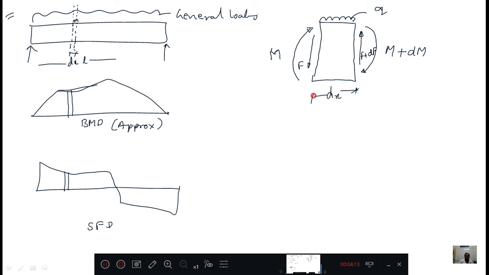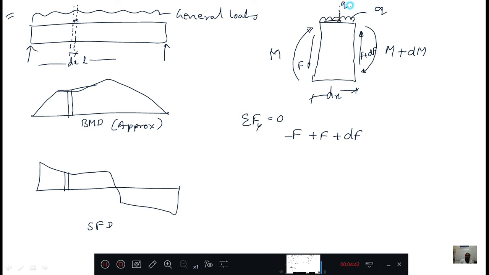Next we'll go, and here if I establish the equilibrium condition, considering summation of Fy equal to 0, meaning vertical forces: this F is coming down, therefore minus F, and this F plus dF is going up, therefore plus F plus dF. These two are going up, and this is coming down, but it is a UDL. That UDL we will convert into a point load, which acts at the center.